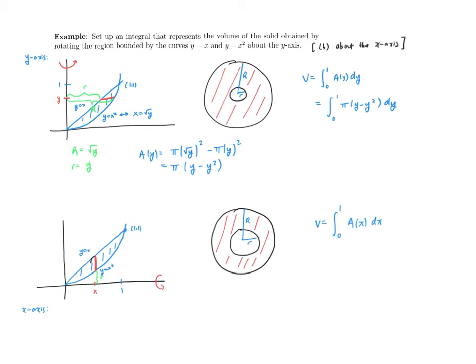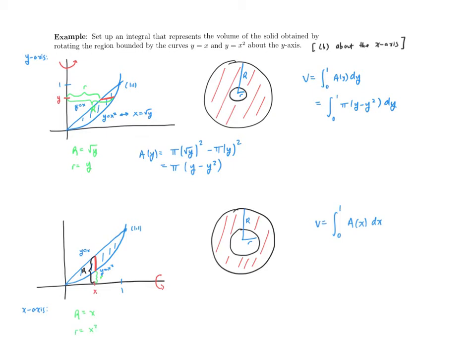And the big radius is the distance that further curve is away from the x-axis. So big R is going to be x. We're thinking in terms of functions of x because that's what we're integrating. And little r is going to be x squared.